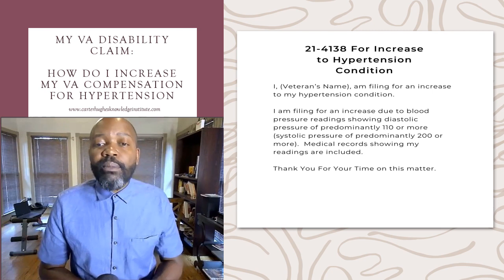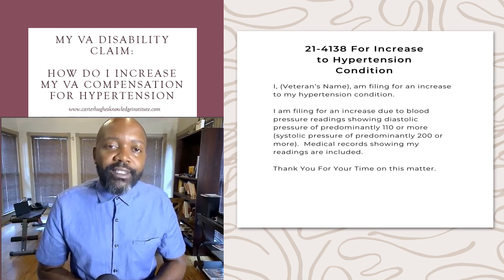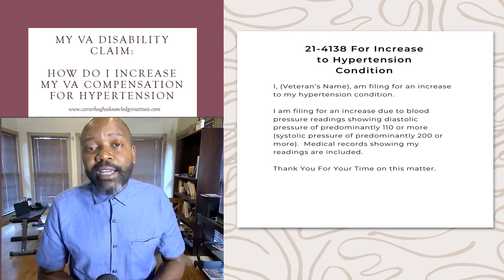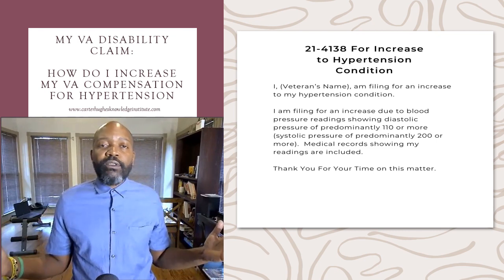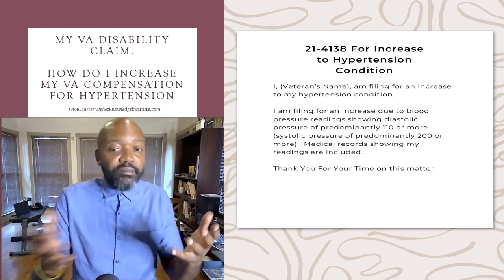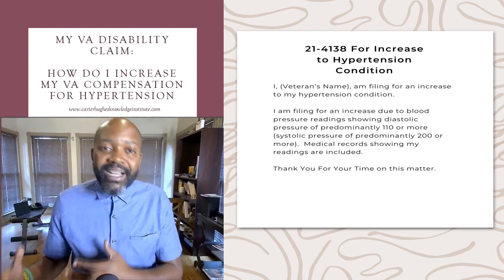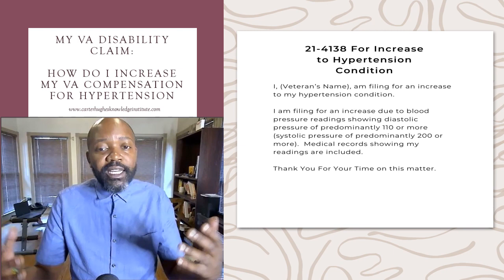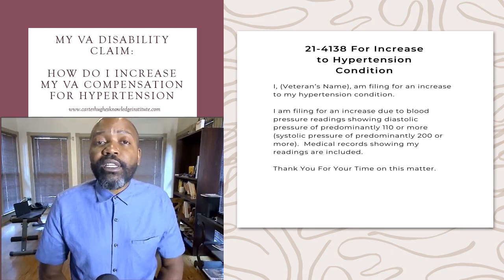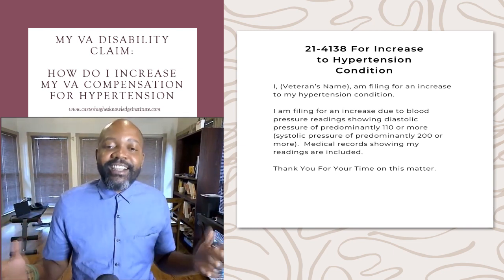Medical records showing my readings are included. Thank you for your time on this matter. There we go. If you have the readings, here is the language. All you have to do is put those readings together with your 526EZ to file the claim, and then send this 4138, just laying it out for them. That's pretty much it.